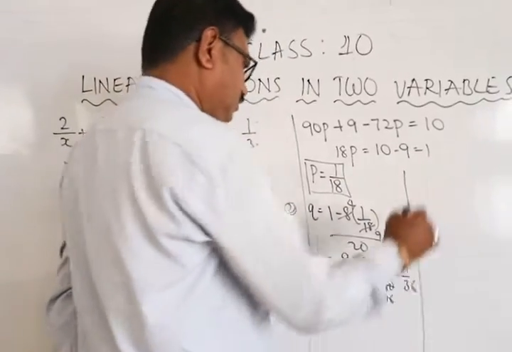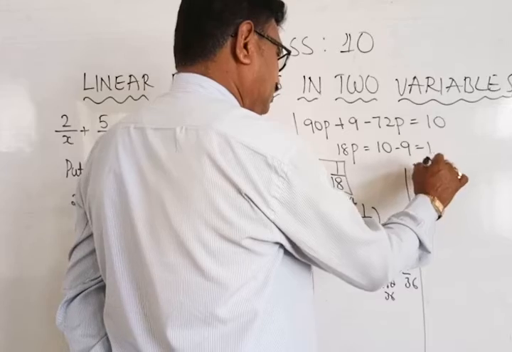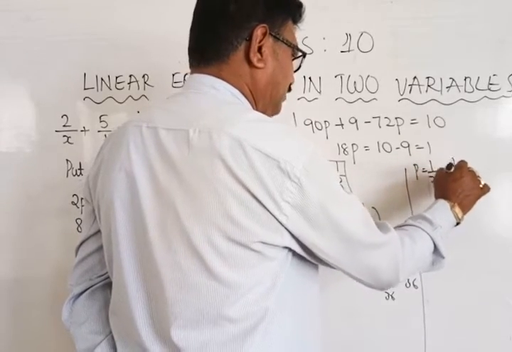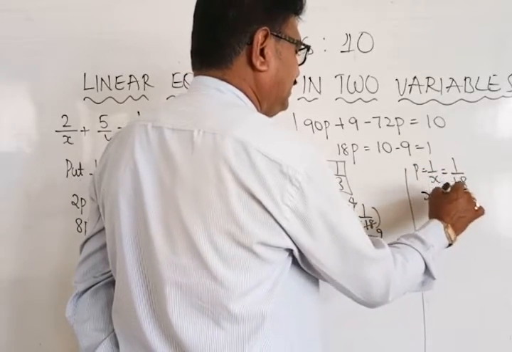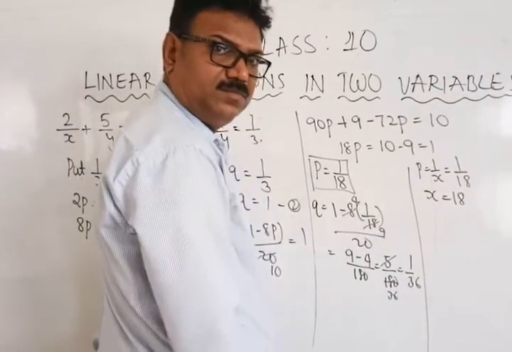Now p equals 1 by x equal to 1 by 18. Therefore x equal to 18.